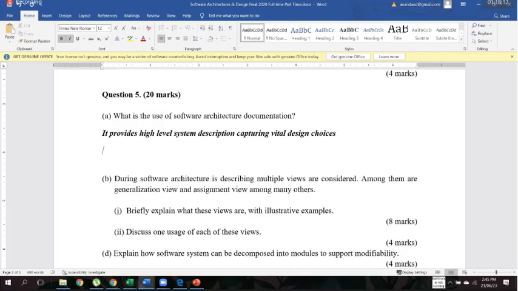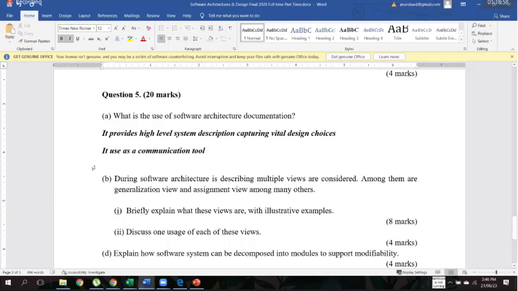Then the second use is that it can be used as a communication tool. You want to present your ideas to other people, so this documentation will help with that. This documentation can be used to convey the ideas, system structure and design solution to other people very easily.